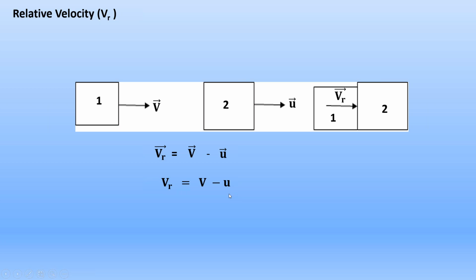Now let us come to our present discussion. Take the first body as the water jet. The water jet comes out from the nozzle with velocity v bar, the absolute velocity of the water jet. The water jet is moving towards the plate. Here the plate, the second body, is also in moving condition.